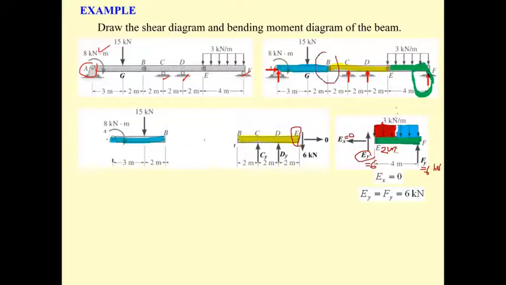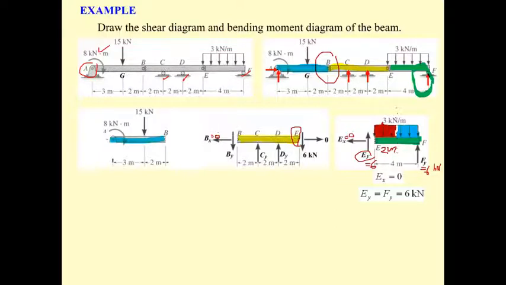B is also a pin, a hinge, so B has 2 unknowns, B sub x and B sub y. The yellow portion has 4 unknowns. If the summation of F sub x equals 0, B sub x is going to be 0. But then we cannot solve this portion of the beam because there are too many unknowns.